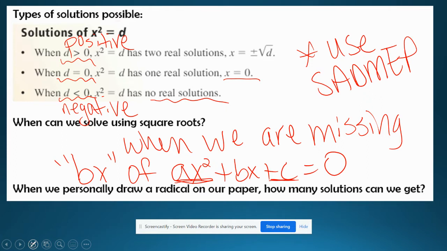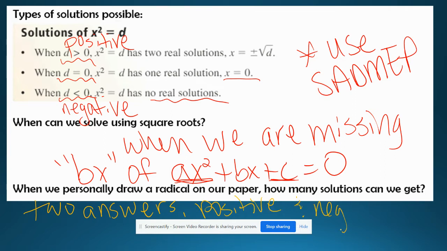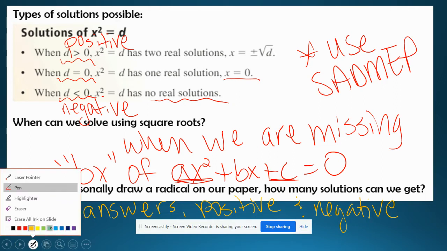When we draw a radical symbol on our paper and it's a square root, then we get two answers, a positive answer and a negative answer. And the reason for that is, let's say that we had the square root of 16.